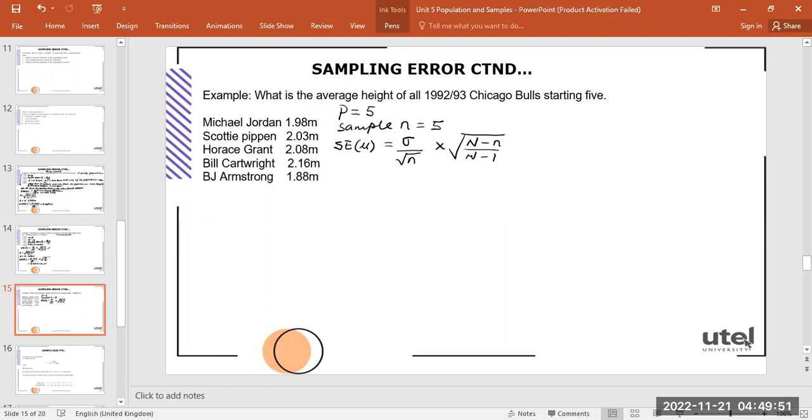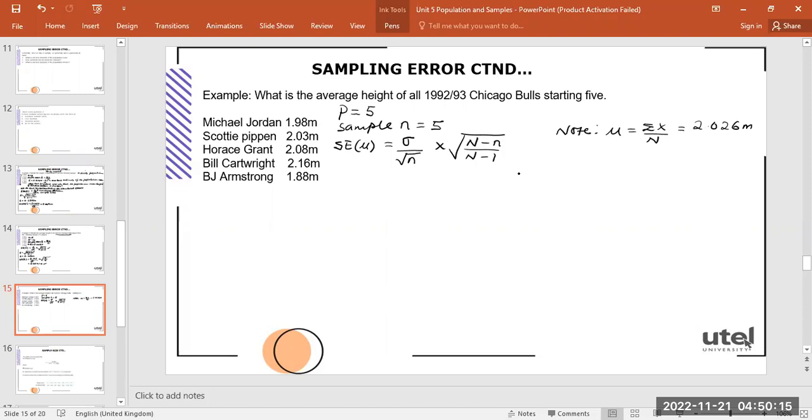Now, let us not forget, since we are using the same set of data, that our mean is still given as the summation of x divided by capital N, since we are talking of a population, and this is still the same thing as 2.026 meters.